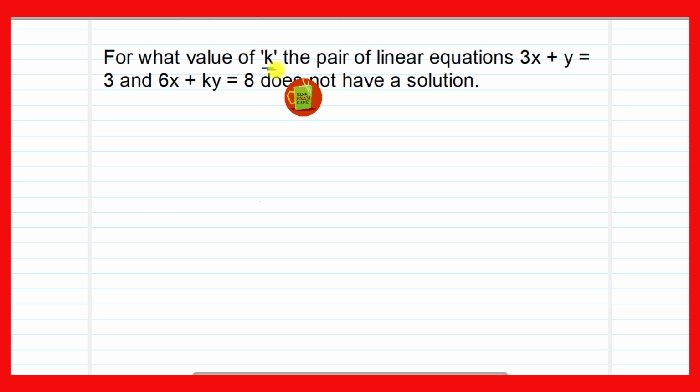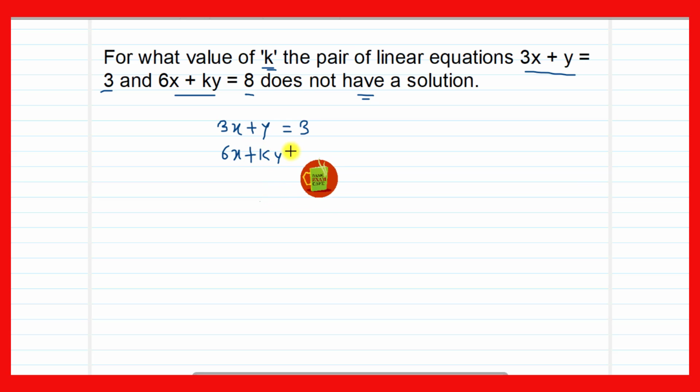For what value of k does the pair of linear equations 3x plus y is equal to 3 and 6x plus ky is equal to 8 not have a solution? Now the given pair of linear equations are 3x plus y equal to 3, and another equation is 6x plus ky equal to 8.